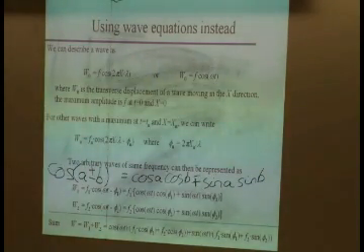And that is the rule that was used down here. You have the cosine of omega t minus phi, which is equal to the cosine of omega t times the cosine of phi, plus the sine of omega t times the sine of phi. Okay, that's the rule that was applied there.